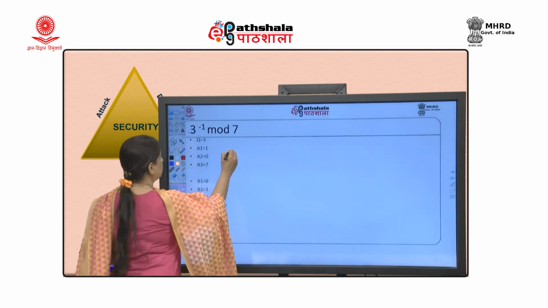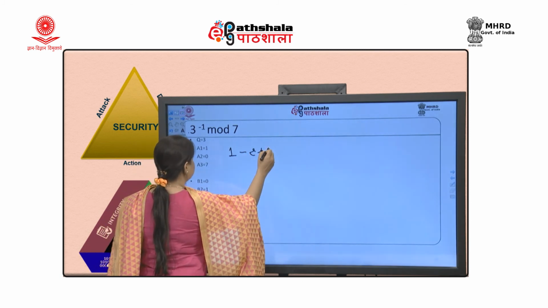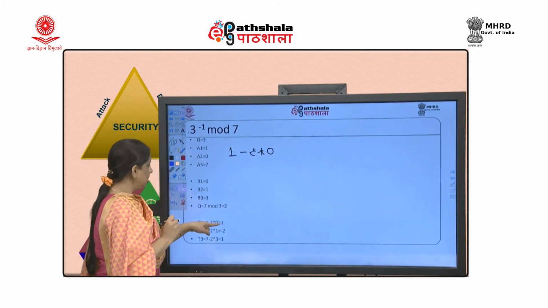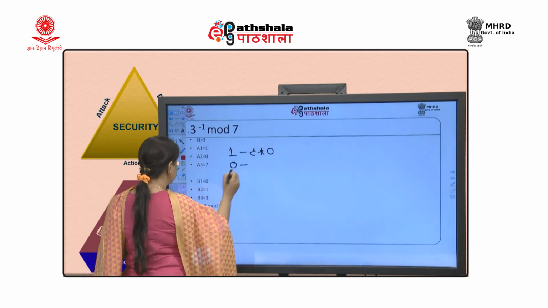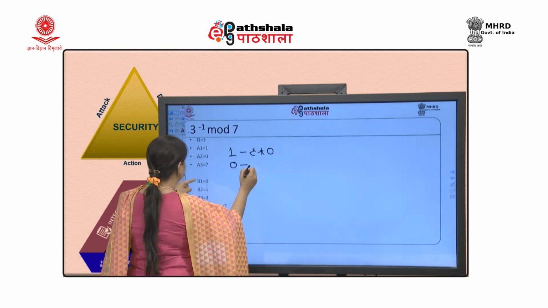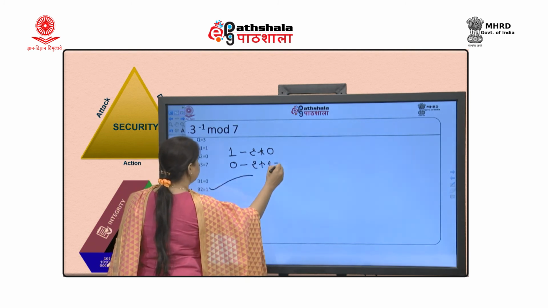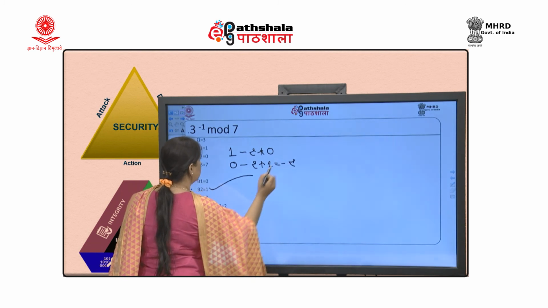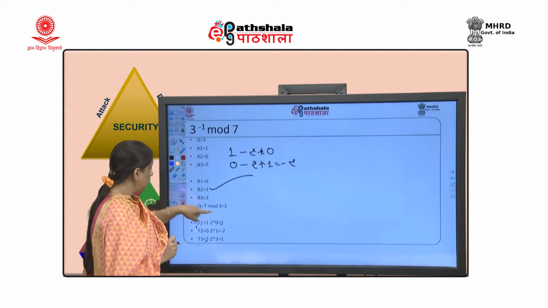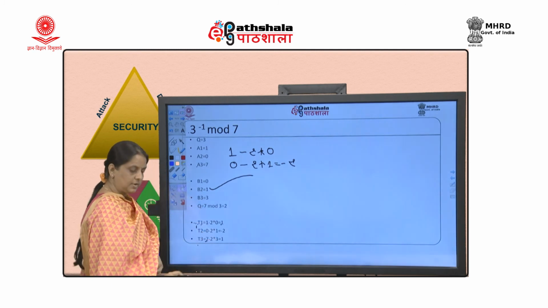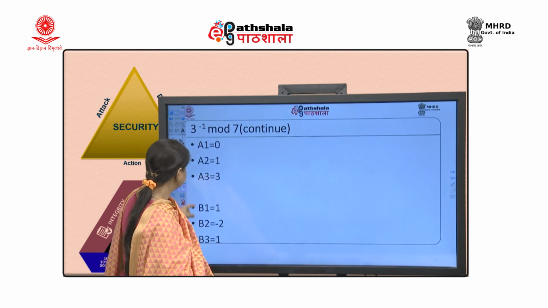A1 is 1 minus Q into B1, so T1 would come to 1. Now, what is T2? That is A2 minus Q B2. Q is 2 into B2, so it is minus 2. Now, T3 is A3 minus Q B3, so it comes out to be 1. So, T1, T2, T3 are 1, minus 2, 1.